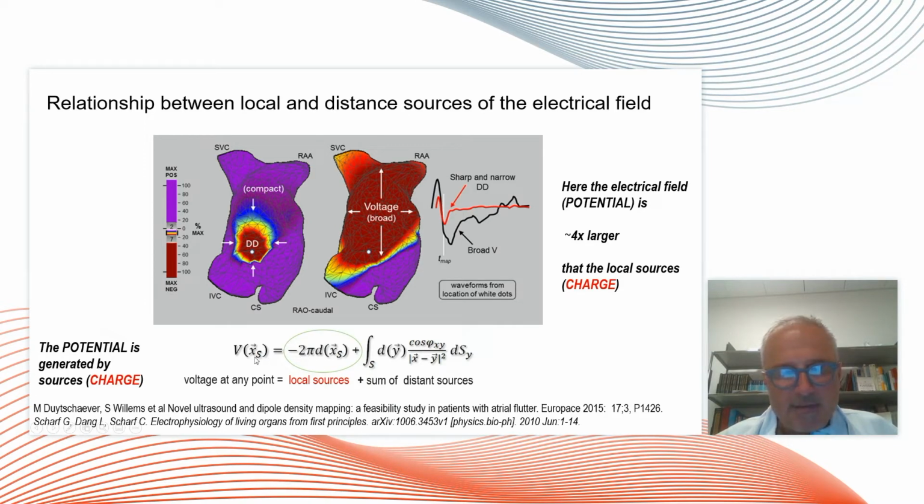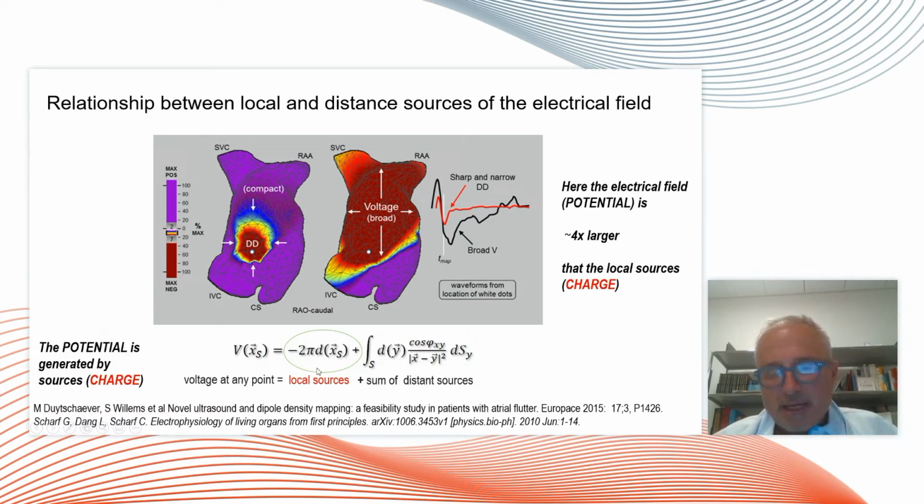I hope that makes sense to everybody, although it looks very complex. Voltage at any point is composed of the local charge and the sum of the distant charges, the far field. And if we subtract this from the voltage, we get the local charge. We get the very small depolarized area, we get the curve which is narrow and goes faster back to the baseline.